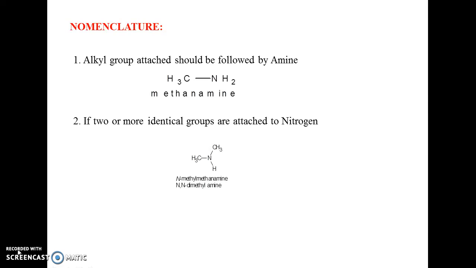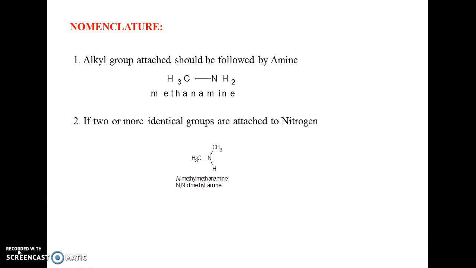Coming to the nomenclature, a few guidelines are to be followed. First, the alkyl group is selected as the basic chain, followed by naming amine. Example, CH3NH2. The alkyl group here is the methyl moiety, to which the functional group NH2 is attached, so it is called methylamine or simply methanamine.